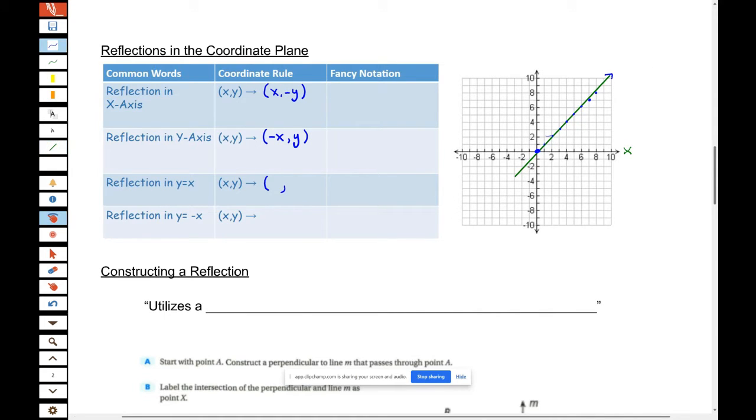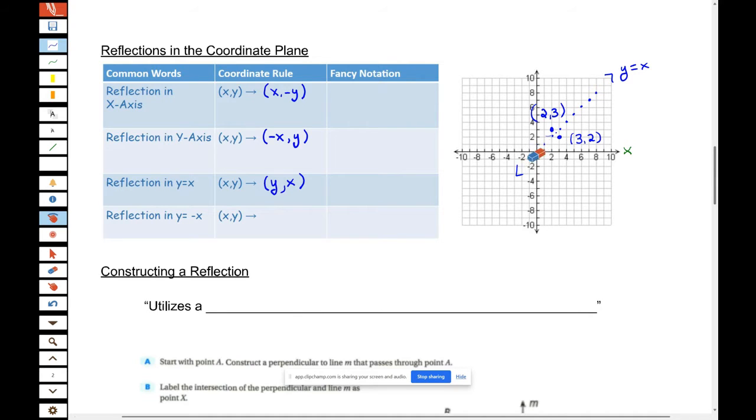And if we wanted to reflect the point 2, 3 over that line, it's half a diagonal away, so we go half a diagonal on the other side. That becomes 3, 2. So when you reflect something over the line y equals x, then it basically just reverses the coordinates. So x, y becomes y, x.